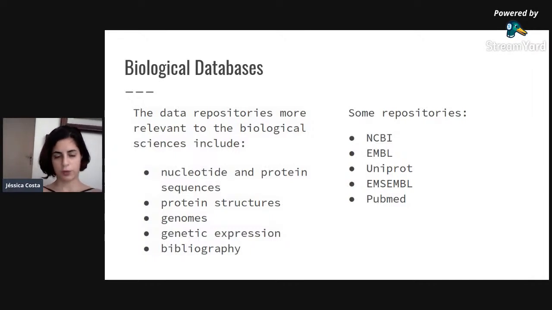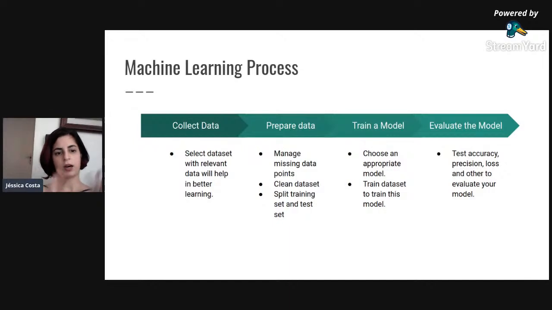For example, we can combine several databases. In my case, I'm going to combine an approach with Ensembl. I'm still deciding which repository I will use in my research. Probably UniProt. Collect data.